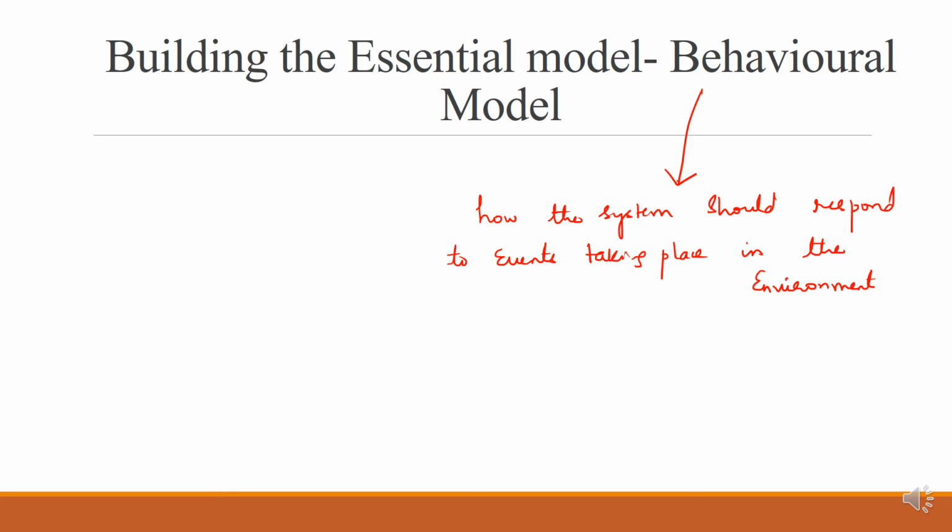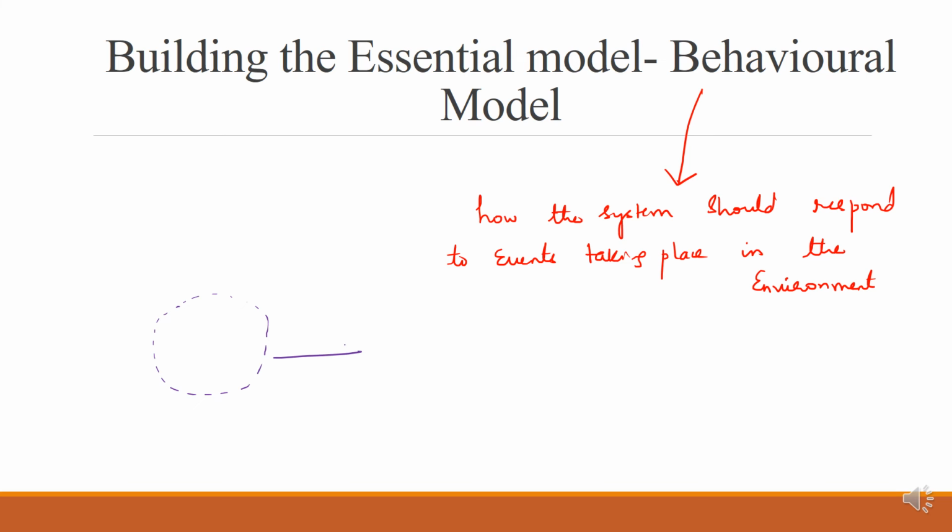So here in the Ward and Mellor method, we are trying to understand the behavioral model in detail. This has two types of transformation, that is level 1 transformation and level 2 transformation. While understanding the level 1 transformation, we can see two types of bubbles drawn.